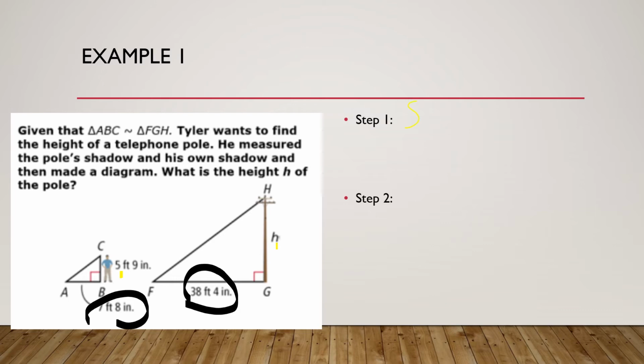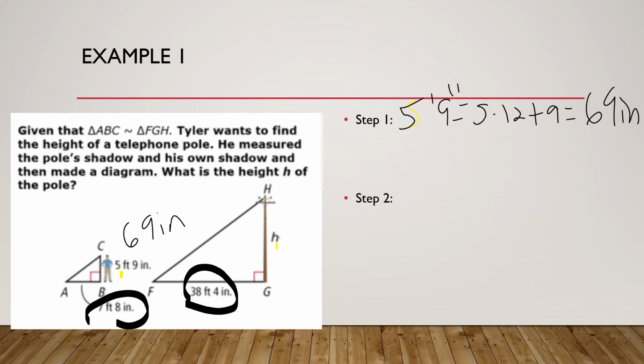So if we start with the man who's 5'9", and we want to change that into inches, we would take 5 feet times 12 inches plus the 9 extra inches, and that would give us 69 inches. So we're going to think of this as 69 inches.